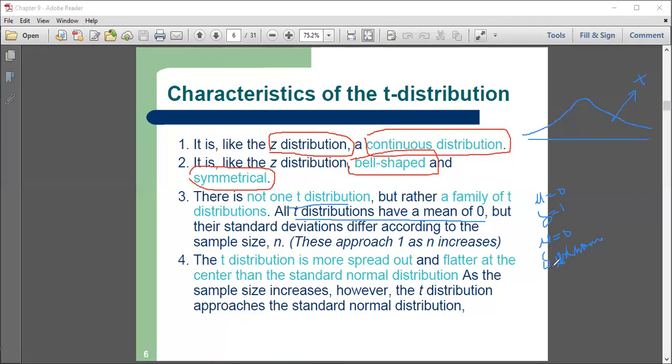But we can say that when n increases, the curve will be close to the normal distribution.